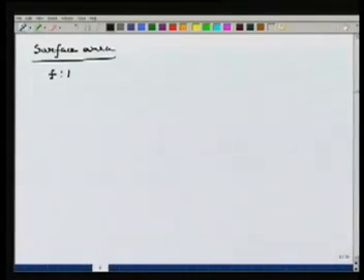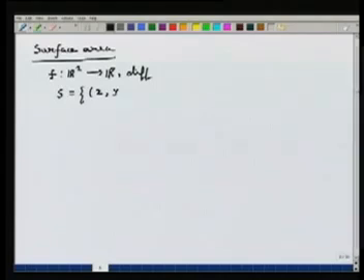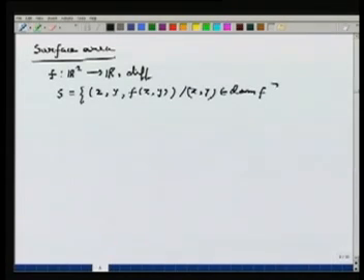Let us say I have a differentiable function f from R2 to R, and I look at the surface S, that is (x, y, f(x, y)). This also gives me the parametric representation of the surface.